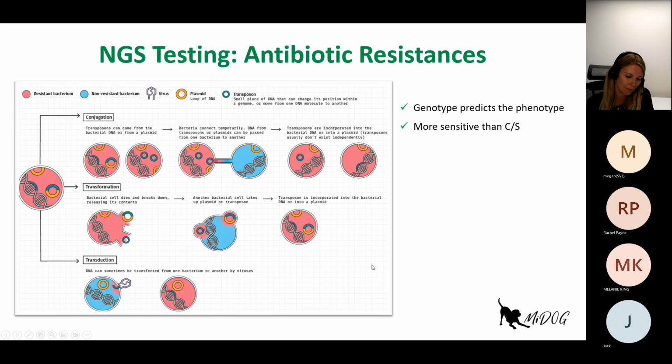If you do a simple thought experiment, let's say we have a dog suffering from atopic dermatitis. And for simplicity, let's say it's just 100 cells of Staphylococcus pseudintermedius causing the infection. And let's say one of them is carrying a resistance gene due to a mutation. If you submit this sample to culture and sensitivity testing, they will not test all 100 cells in your sample.